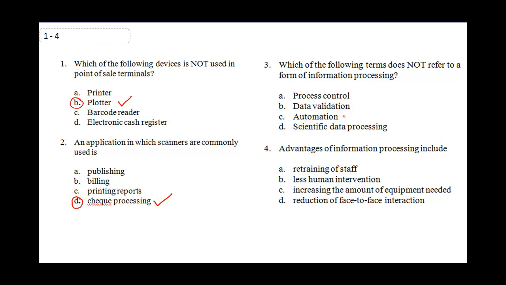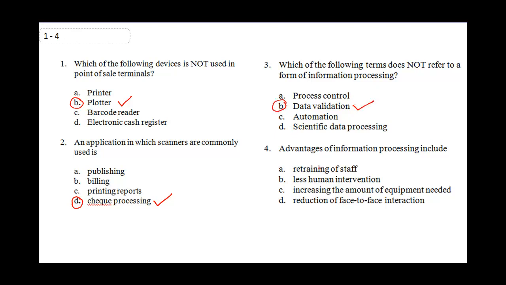When you do automation, you are actually processing information automatically. Scientific data processing is also processing information. Data validation is verifying already processed information. So the one that has nothing to do with information processing is data validation. So I'm going to tick my B.